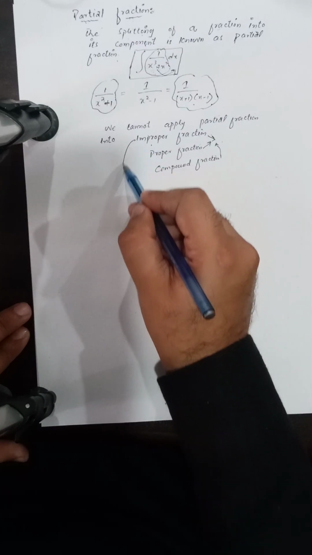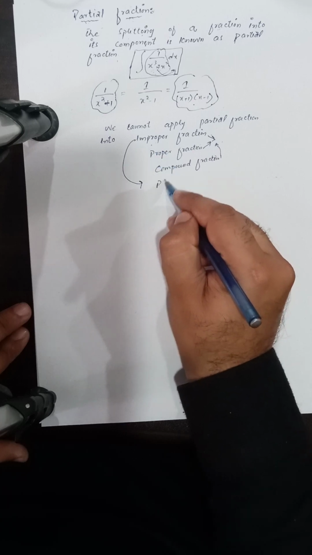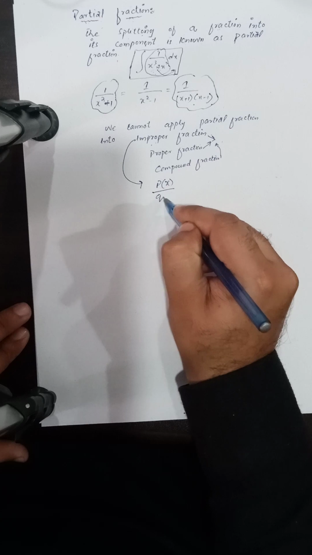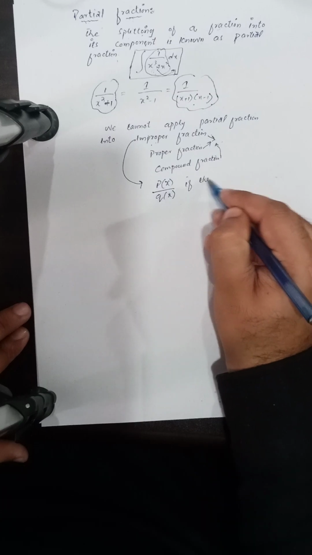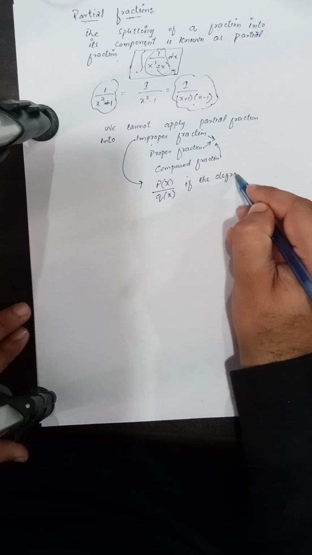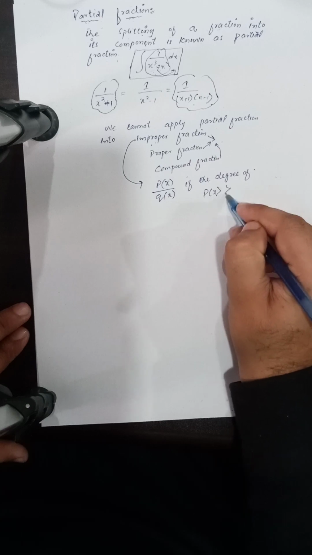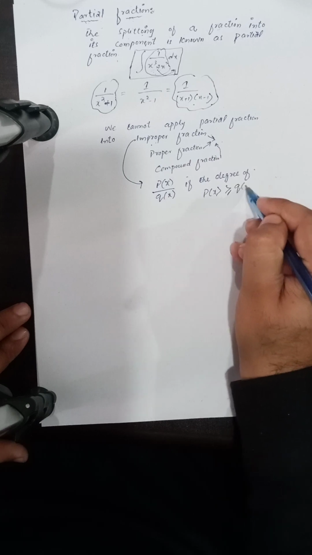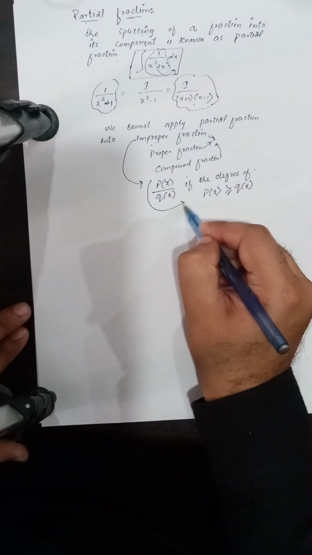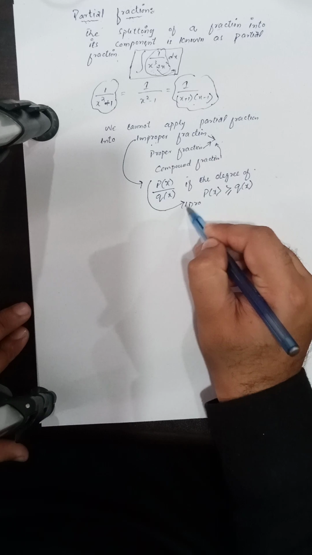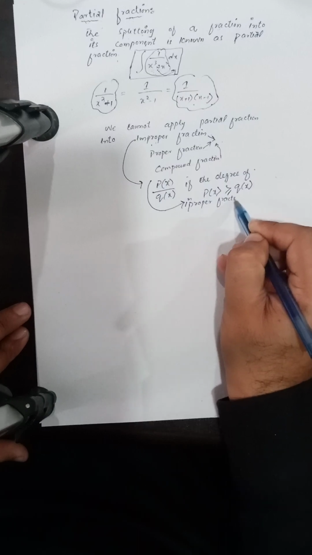So what is an improper fraction? If we have a fraction p of x over q of x, and the degree of p of x is greater than or equal to the degree of q of x, then this fraction will be an improper fraction.